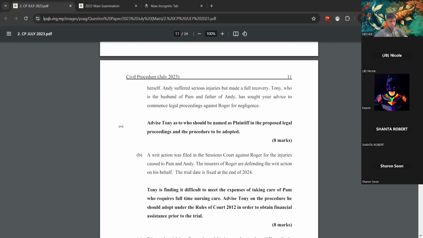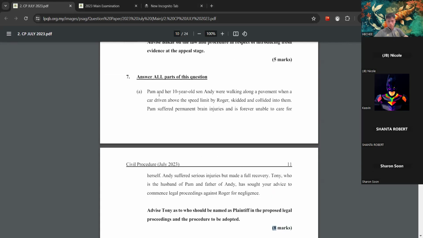Yes, Order 76 is the correct order, but because it is allocated for 8 marks, you have to firstly explain the parties accordingly. Pam, who is Pam? Pam is under a disability, since on the facts she suffered permanent brain injuries, she falls under the definition of a person under disability under Order 76.